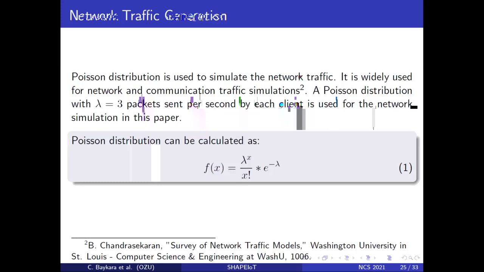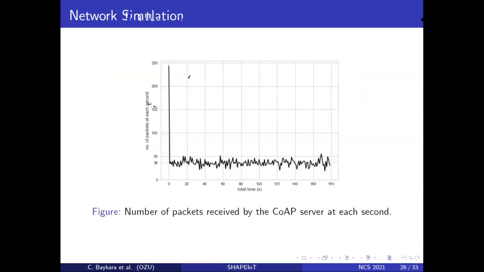For the network traffic generation, we used a Poisson distribution to simulate the network traffic. It is widely used for network and communication traffic simulations. And for our simulation, each device, each client, sends on average 3 packets per second. And here you can see another graph which shows the number of packets sent at each second. The initial spike is due to each device performing the Handshake Protocol.